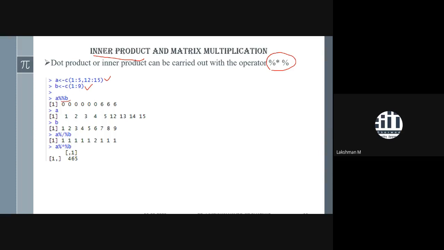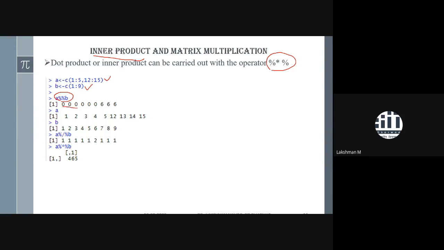It is talking about remainder. If you apply this over these two vectors, that means you are dividing entries of the first vector with entries of the second vector, and in that process whatever remainder you get is coming as output.